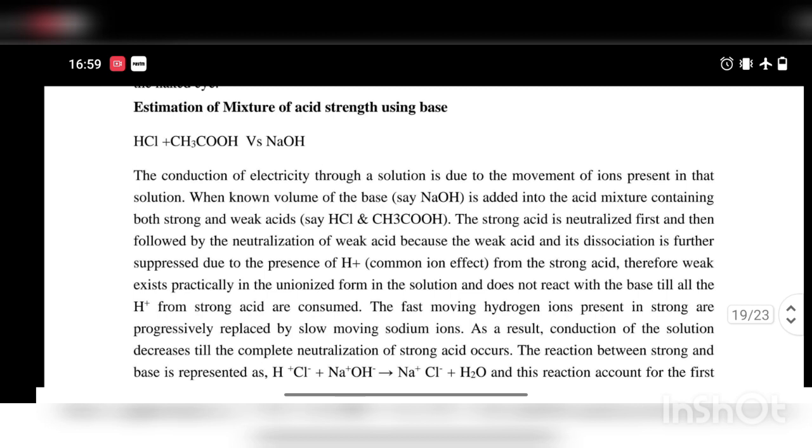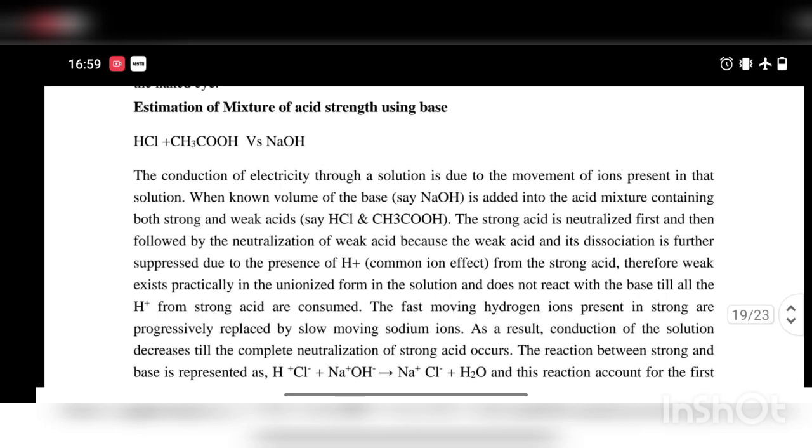You know that conduction of electricity through a solution is due to the movement of ions present in that solution. When a known volume of base is added to a mixture of acids, it is neutralized.